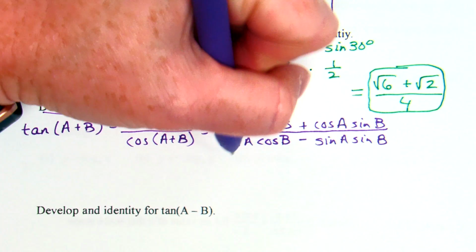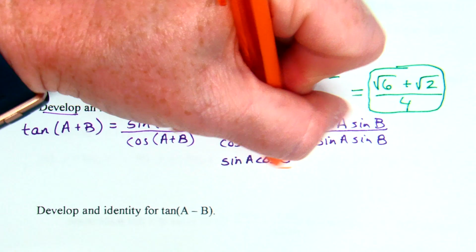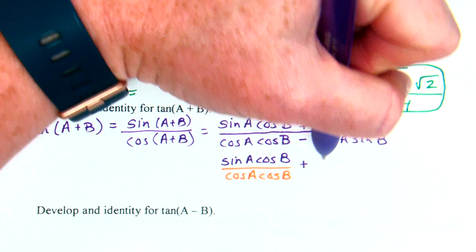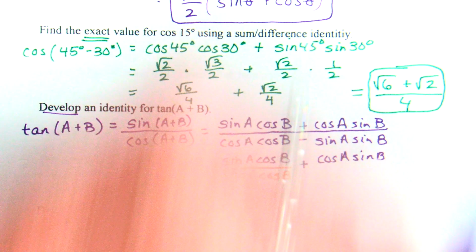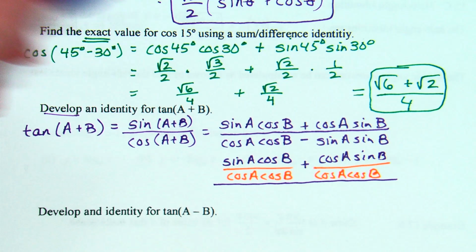On top we had sine A, cosine B. And what am I going to divide that term by? Cosine A, cosine B. And then plus the other piece of the numerator was cosine A, sine B. And what am I going to divide that by? Cosine A, cosine B. All over, so that's all the numerator, right?